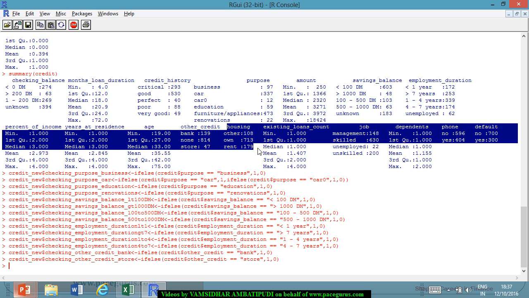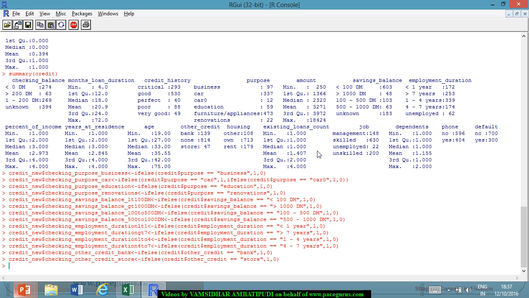Now again, housing is also one more variable which we need to bring in. Because there are 3 categories for housing, I should look out for 2 dummy variables. So let me call it as housing_own, wherein I am trying to compare it with dollar housing and equating it to own.